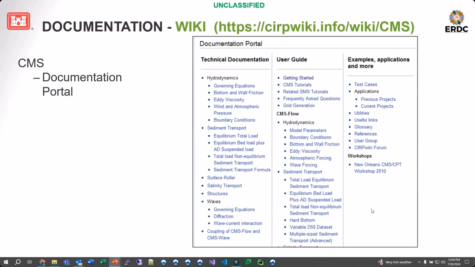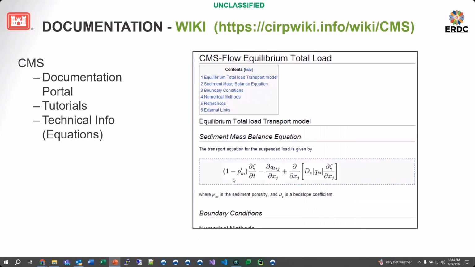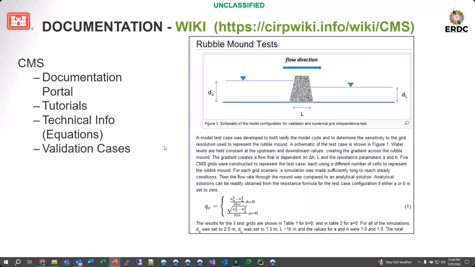This has grown with a lot of different test cases and utilities and other things that you can use as well. So look over these pages and see what information you might need. We do have some tutorials set up inside of here with links, as well as, like I said, the equations and things like that.